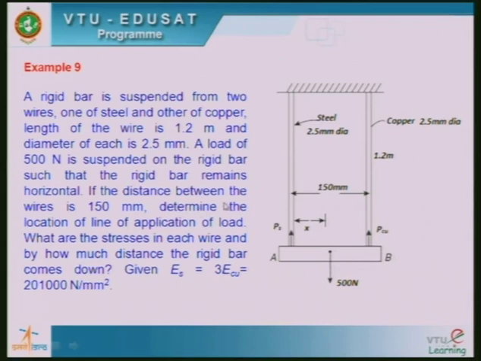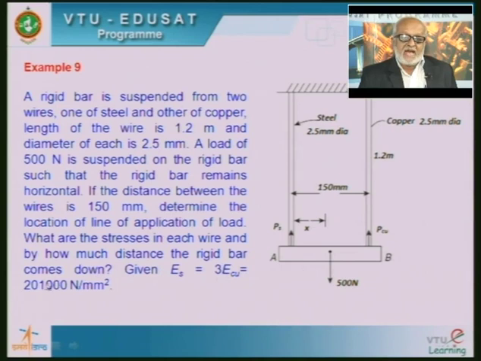If the distance between the wires is 150 mm, determine the location of the line of application of the load, means you should find out the value of x measured from the steel wire, where this load should be placed such that the bar remains horizontal. Next, what are the stresses in each wire? What is the stress in the steel wire? What is the stress in the copper wire? And how much distance does the rigid bar come down, given Es is equal to 3 times Ecu.